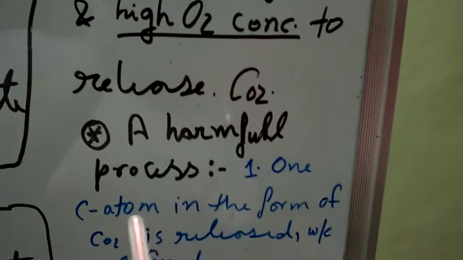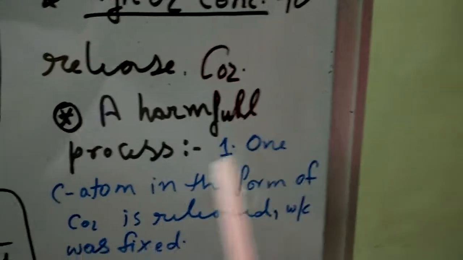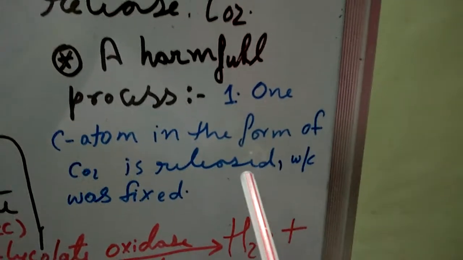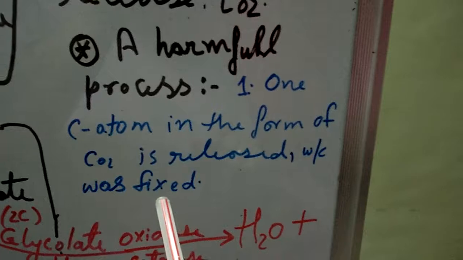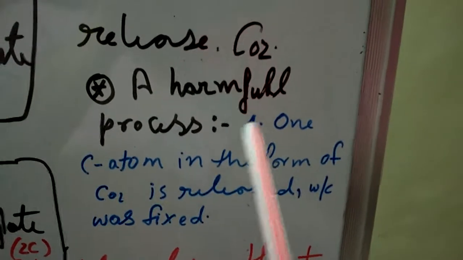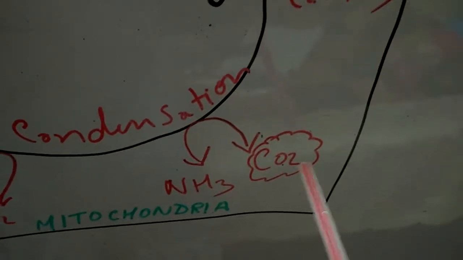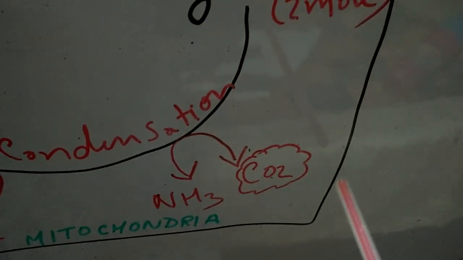Why? Because one carbon atom in the form of carbon dioxide is released, which was fixed. This means that in the organelle mitochondria, during the conversion of glycine into serine, there is release of one carbon dioxide molecule. This carbon dioxide molecule was fixed.